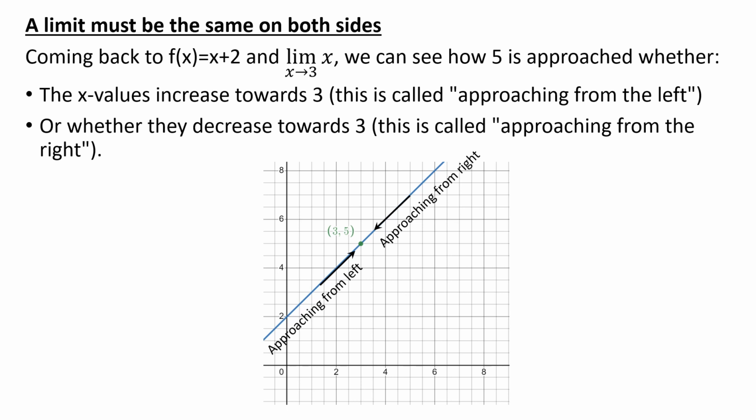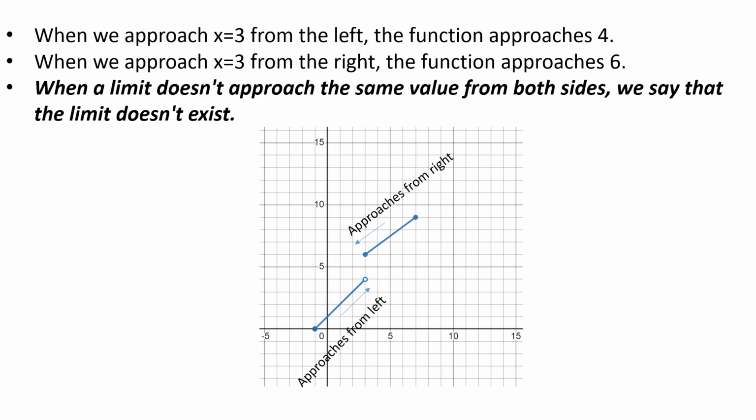Now, for a limit to exist, you have to approach the same thing from both sides. I'm approaching from the left, this is the left side right here. As x approaches 3, the result becomes 5. And as x approaches from the right, it's also approaching it right here. Now, this is not a limit.